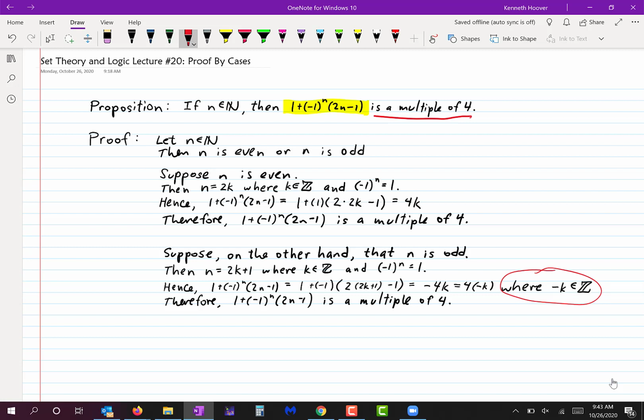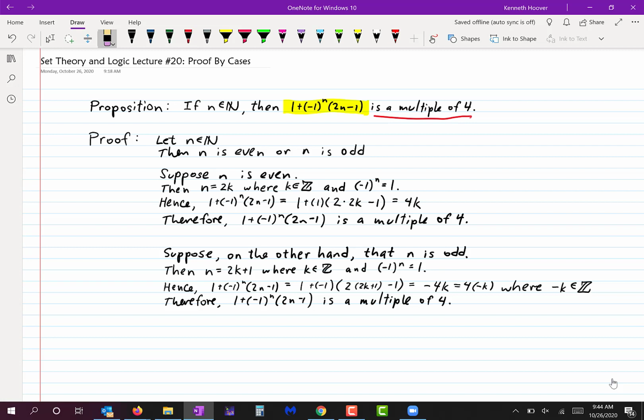If you have said that k is an integer, I would not require somebody to then point out that negative k is an integer. I just kind of think those go hand in hand. Now, if it was something like 5 minus k, then I would think that you should point out that that's an integer. Okay, but let's not get off into the weeds. I have it written there. It's good to write it there. Let's just leave it at that.